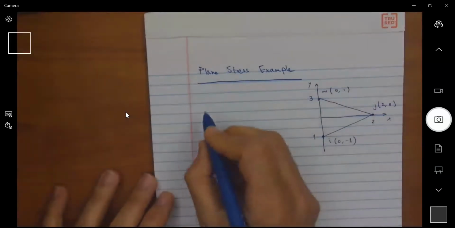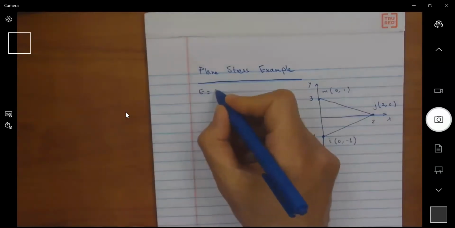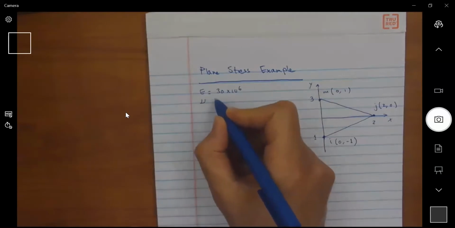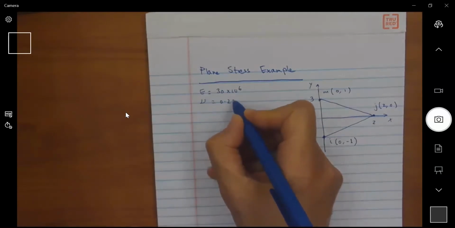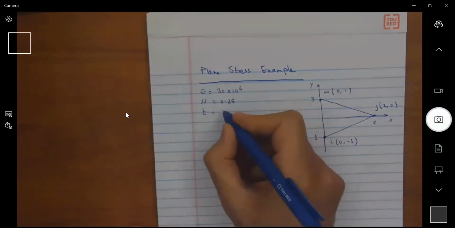We are given E to be 30 times 10 to the power 6, nu to be 0.25, and thickness of 1 inch.